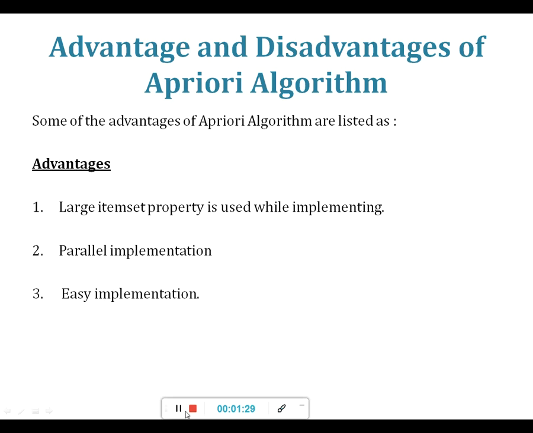After calculating the frequency, we find the frequency count of that pattern. For 2 frequent, we take the pairs of 2 item sets, calculate the frequency count of that, and check whether they are frequent or not by comparing with the minimum support.